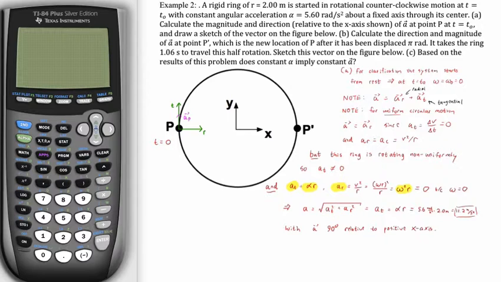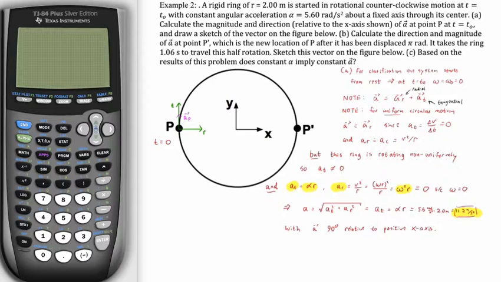Since a sub r is just equal to 0, because omega equals 0, we just have the square root of a sub t squared. So the square root and the square cancel out, and a is simply equal to the tangential component, which I show over here. Its value is simply alpha times r, which is 5.6 times 2, because 2 is the radius of our ring.